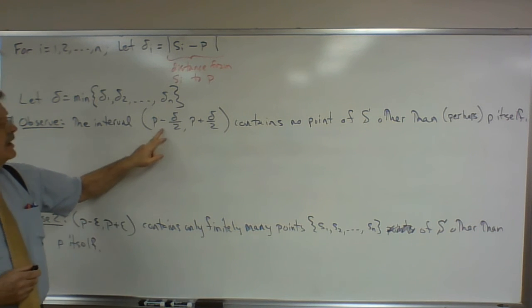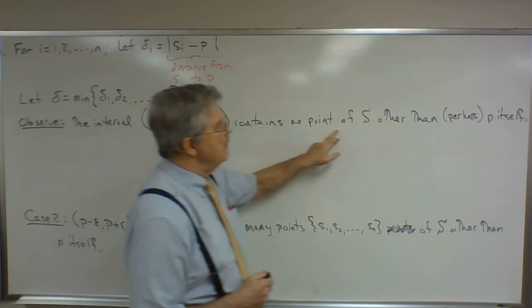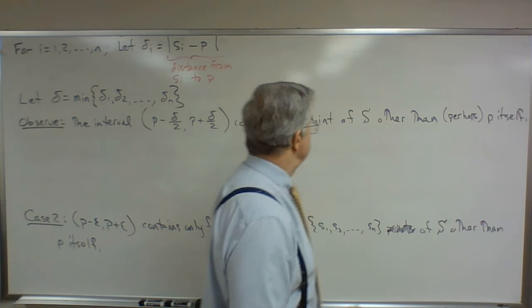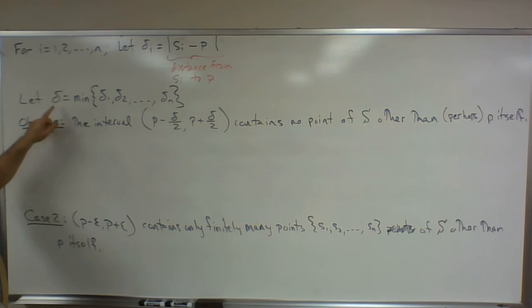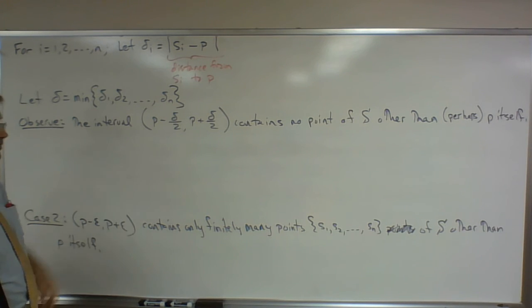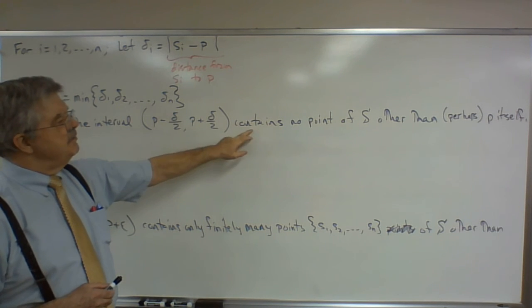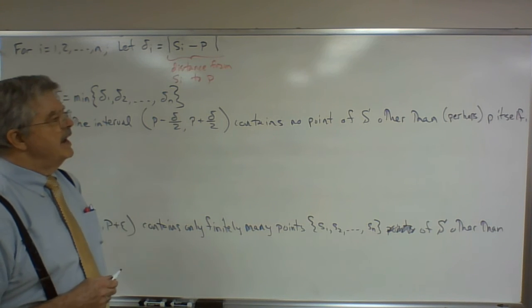So this interval, P minus delta over 2, P plus delta over 2, contains no point of S other than perhaps P itself. We've chosen delta so that none of the points in this interval are going to be within delta units of P.